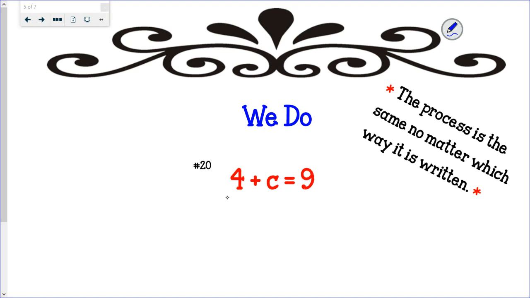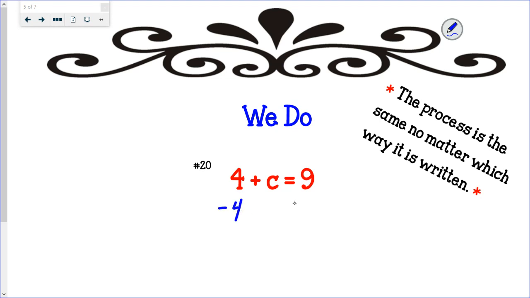Okay, this is number 20 on your worksheet. Again, the process is the same no matter how it's written. You have to look at what the terms are. So we have 4 plus c equals 9. We want c by itself. So we have to do the opposite of plus 4 or positive 4. So we're going to subtract 4.